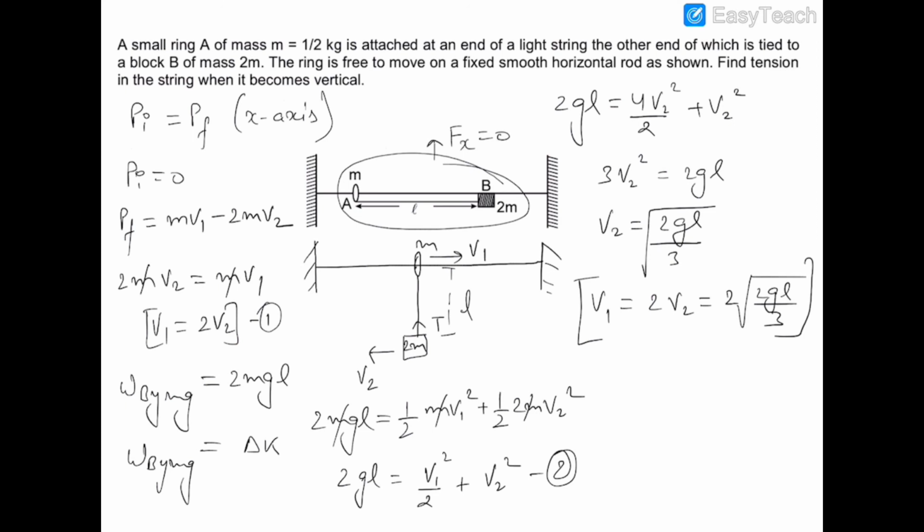Now when we wish to calculate the tension in the rope, then we need to analyze when this system will be in vertical direction like that. This is 2m and it is moving in the backward direction with v2, and this ring is moving in the forward direction with v1.